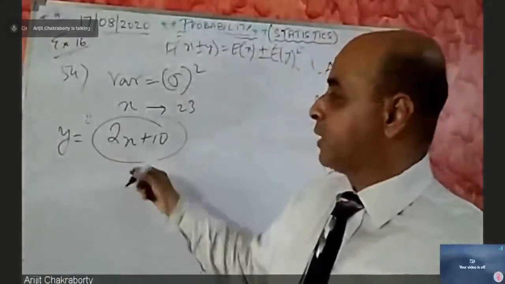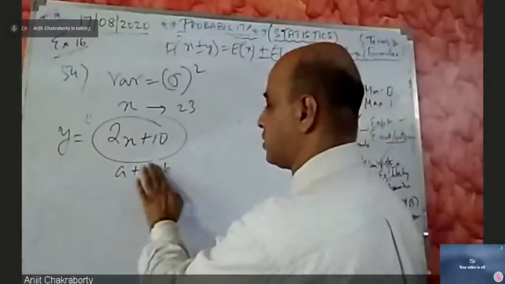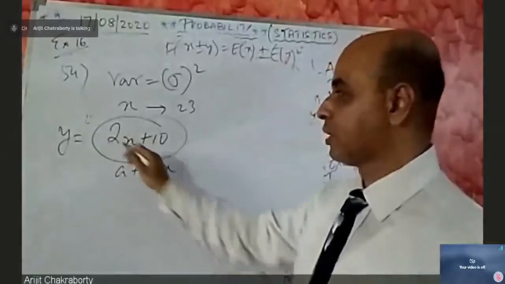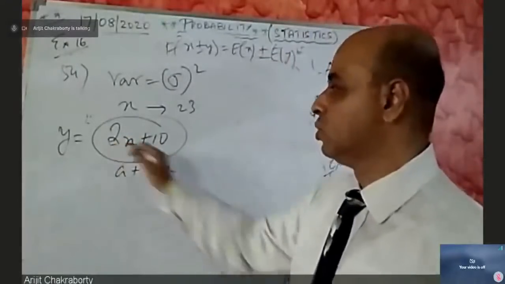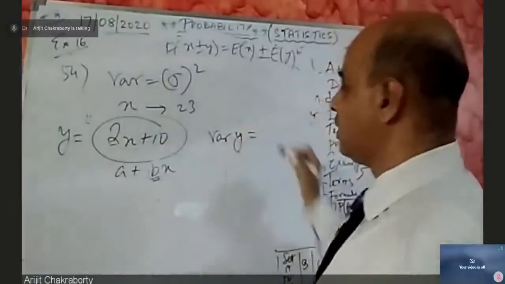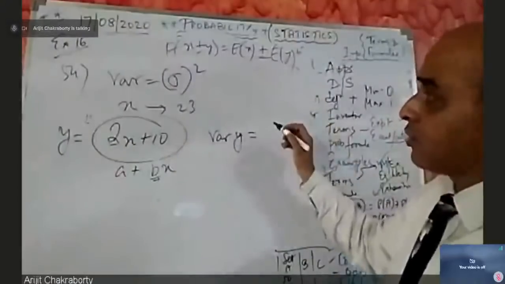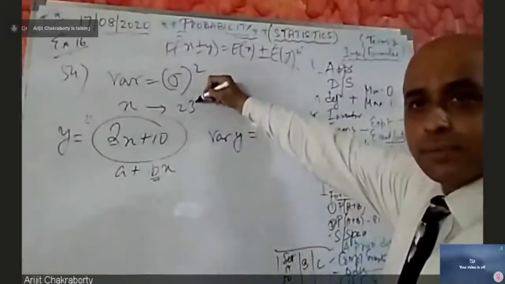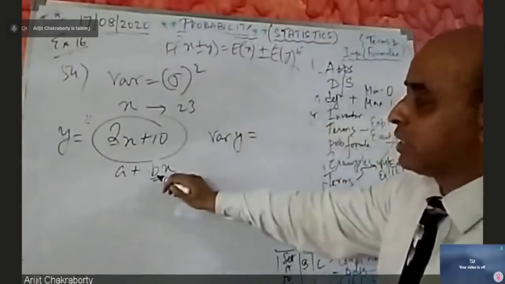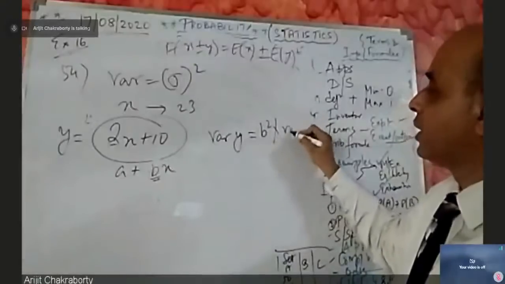This is of the form a plus bx, and here b is a constant, b is 2. So the variance of y will be equal to b square into the variance of x.